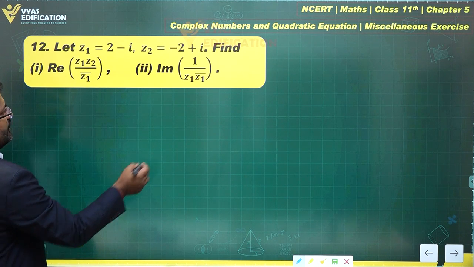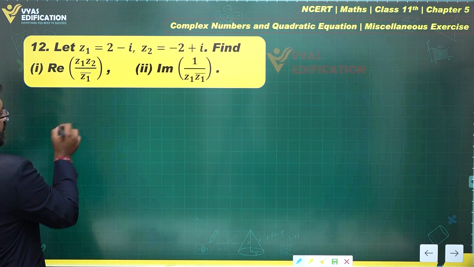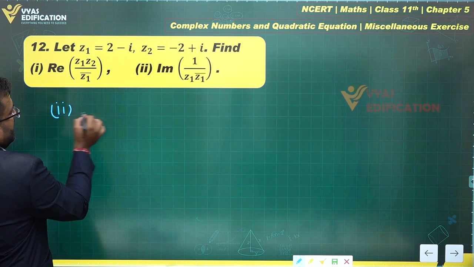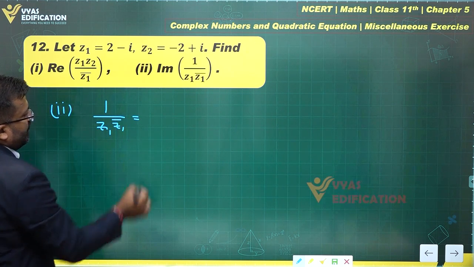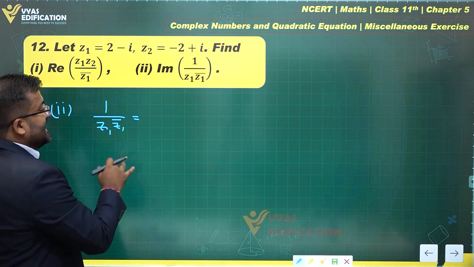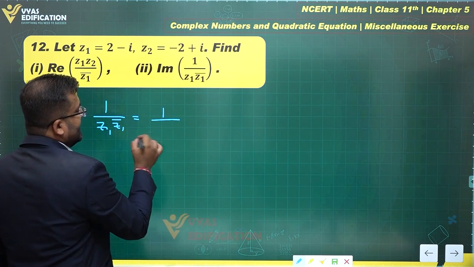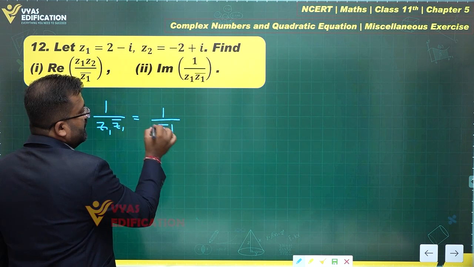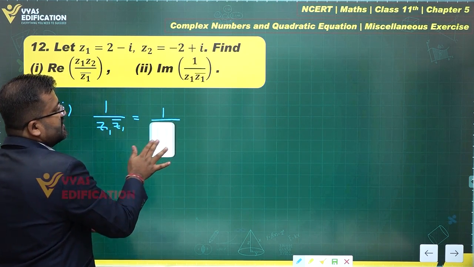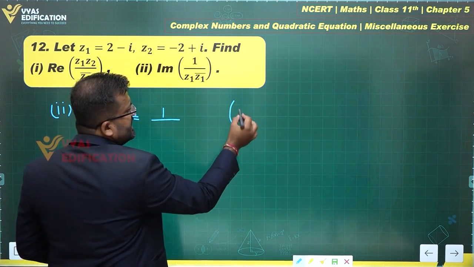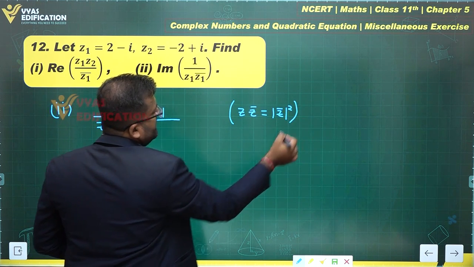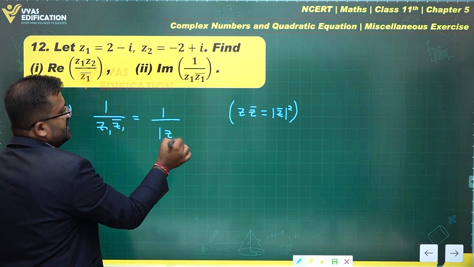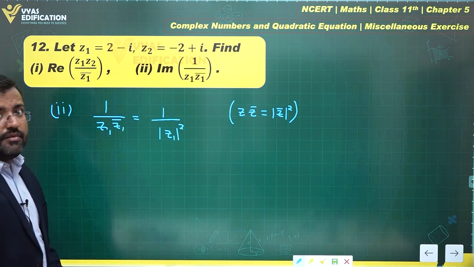Or another approach would be, what you need in the second part is 1 over Z1 bar. Now, what is that equal to? Z Z bar, as you may recall, is actually equal to mod Z square. This is something which we know. So this is mod Z1 square in the denominator, right?